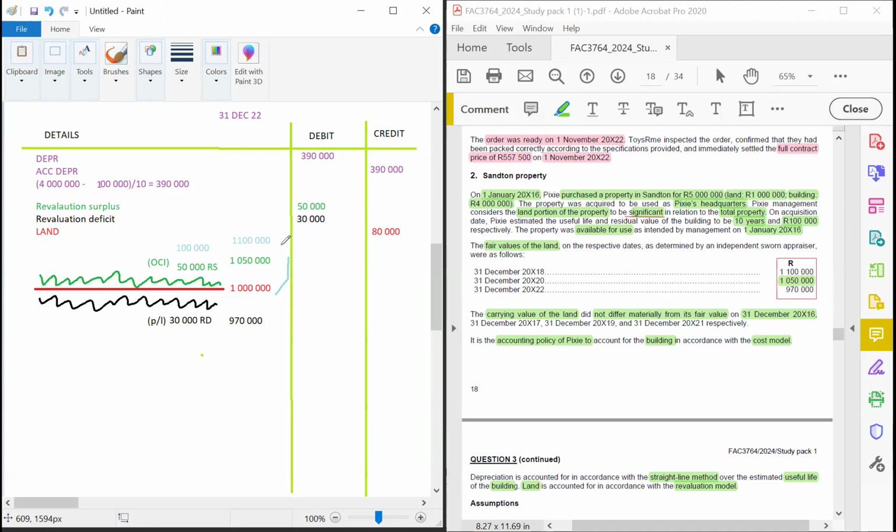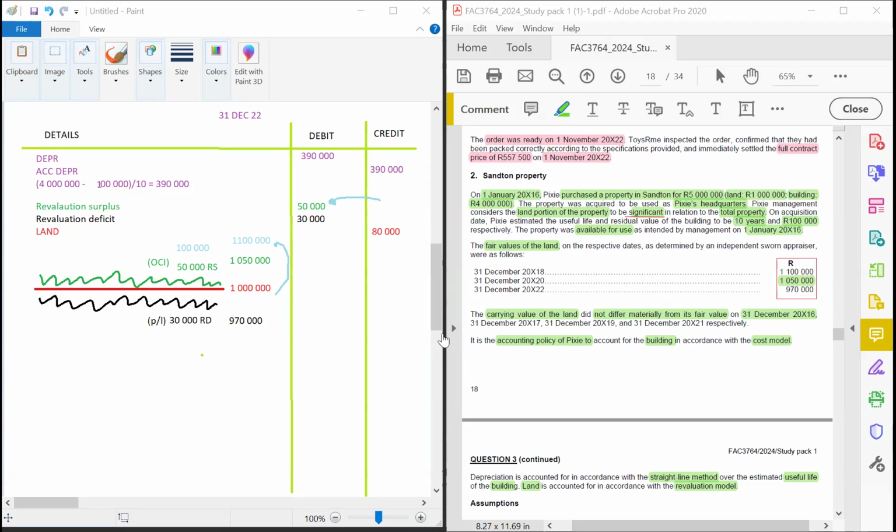Then we utilized 50,000 when it went from 1.1 million to 1,050,000. Now in this year we are decreasing it further, so it goes from a credit to a debit. We are essentially getting it to zero before we can start recognizing a revaluation deficit.